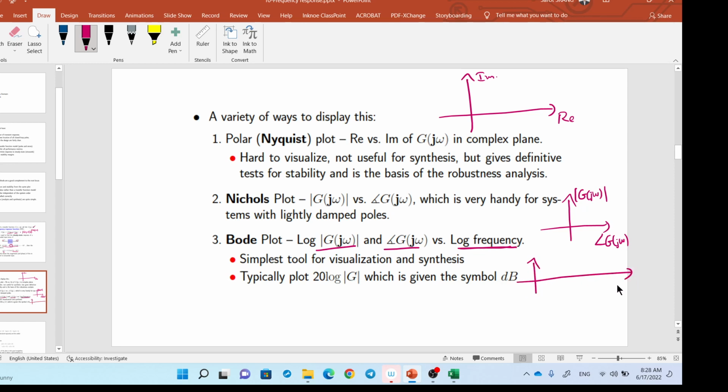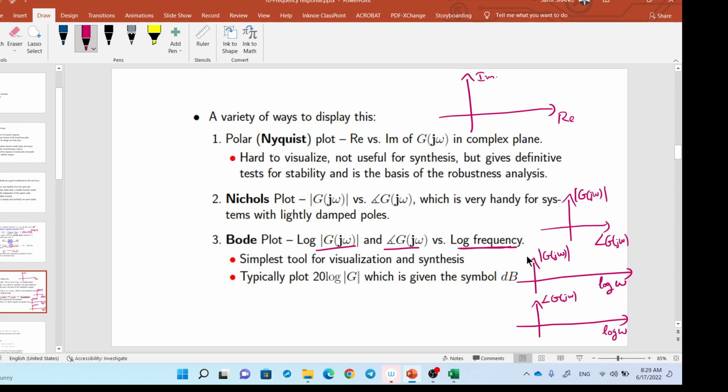The horizontal axis is frequency in the log scale, and you have magnitude as vertical axis, and similarly for the phase, you have phase of the frequency response function as vertical axis, and you have log.